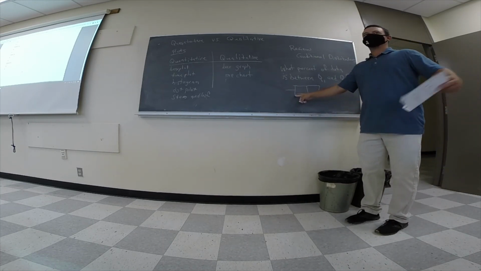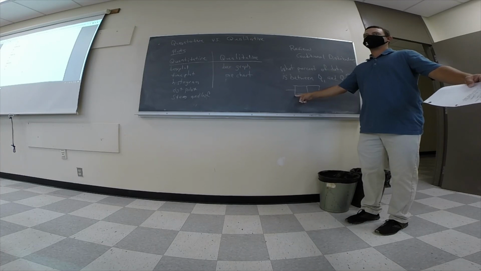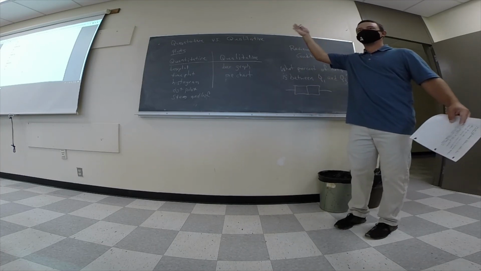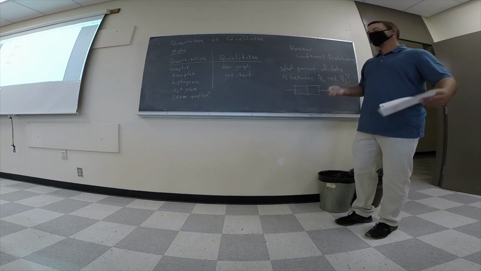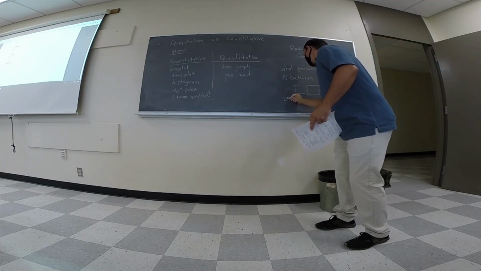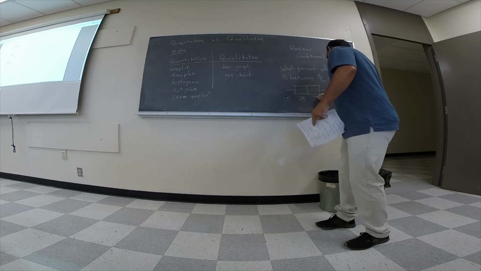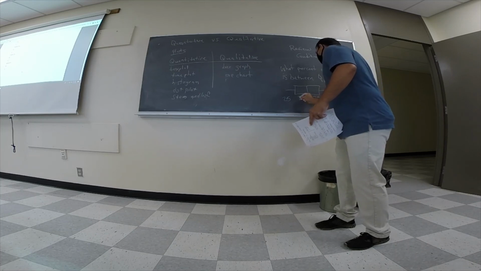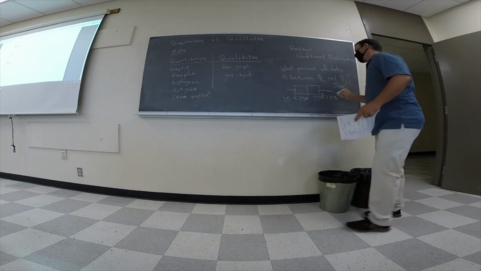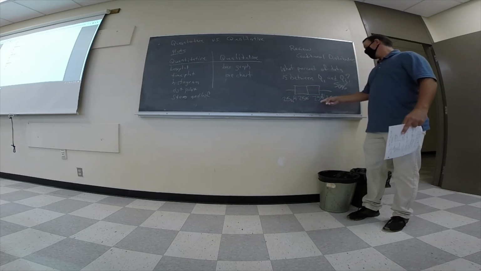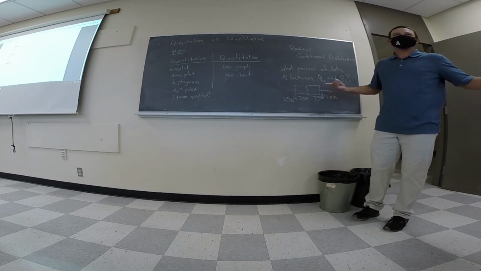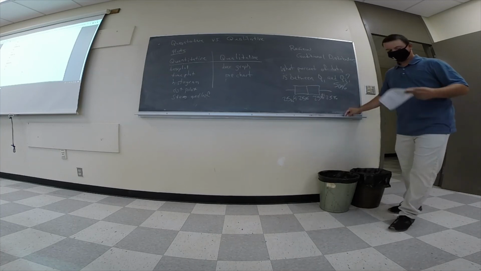The median cuts the data in half. Q1 and Q3 cut it into quarters. So 25% of your data is here, 25 here, 25 here, and 25 here. So what percent of your data is between Q3 and Q1? 50. What percent of your data is between your lowest number and Q3? 75. So you should be able to find this percent.